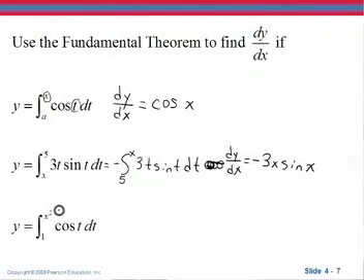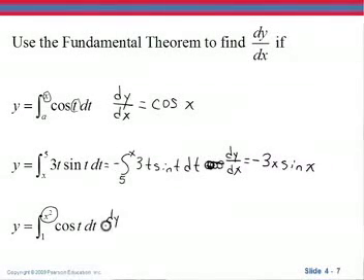The one thing you do have to be careful with in the fundamental theorem is if you don't have just x. If you have some upper limit that's not just x, maybe x squared, or any other composite function of x, then we have to do the chain rule.